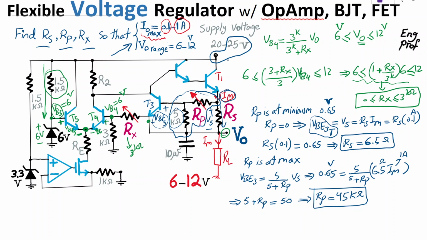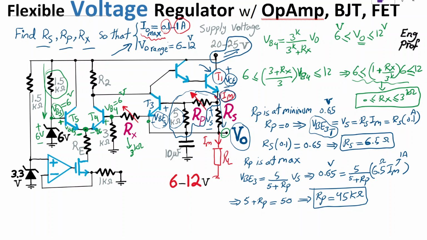Now, knowing that the maximum supply voltage is 25, and that V out is at, say, 12 or 6, depending on what we want, we can find the maximum VCE, the collector emitter voltage of transistor T1, and then by multiplying VCE and the current I max, we can find the maximum power dissipated in T1, so we can select the proper component for T1.